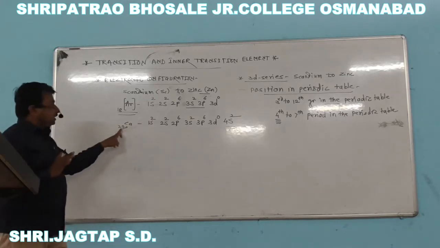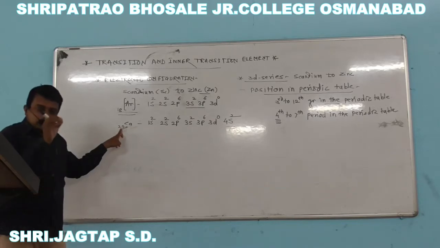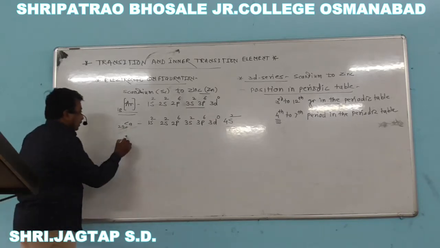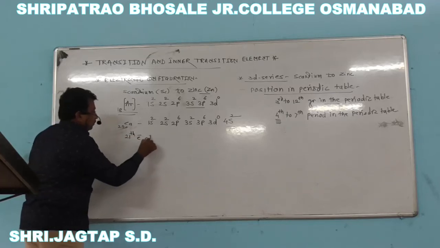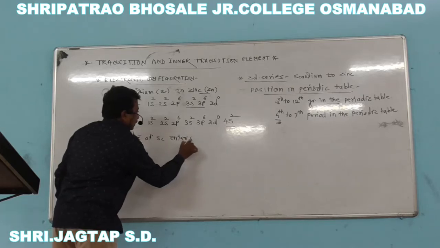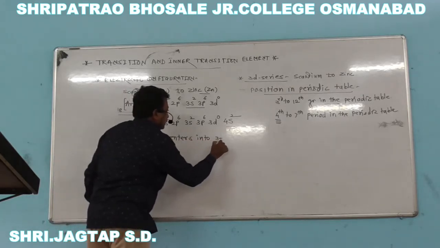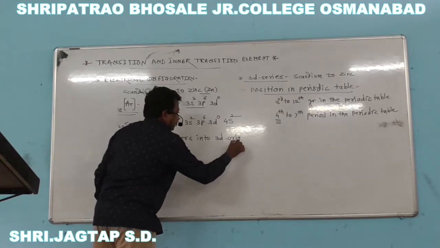Its atomic number is 20. But the 21st electron of scandium enters into the 3d orbital.